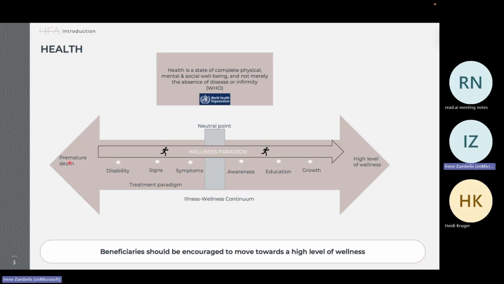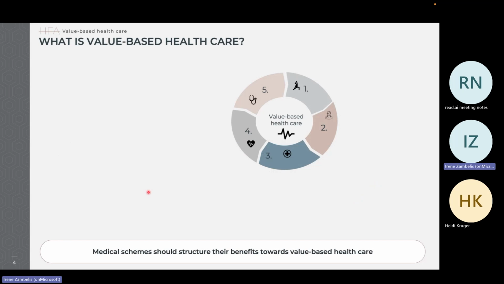That can result in premature death. This is what we call the treatment paradigm, and that is where it becomes more expensive for medical schemes to treat. That is what is so important for trustees to understand, that the way they design their benefits can influence the wellness of their beneficiaries.